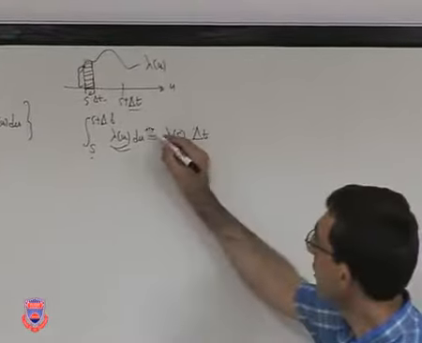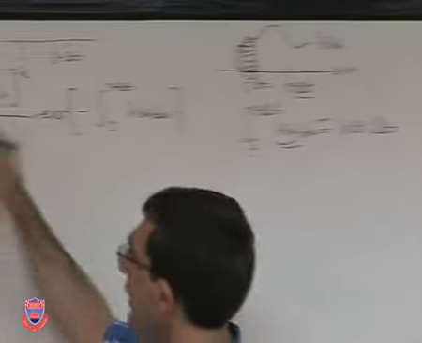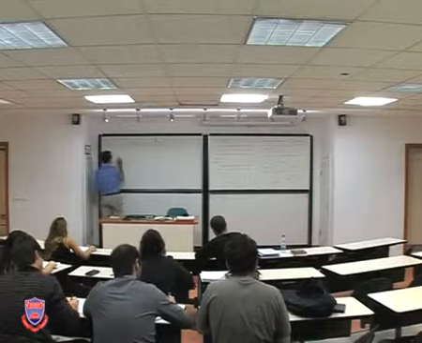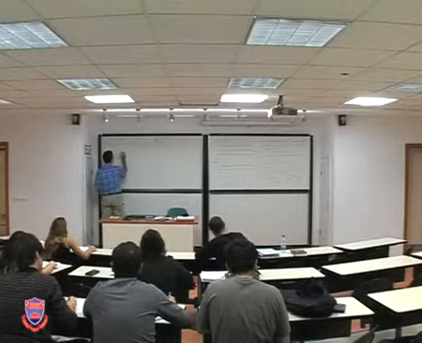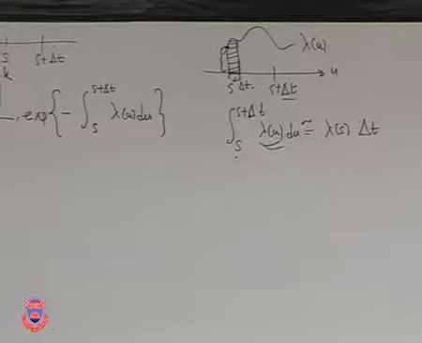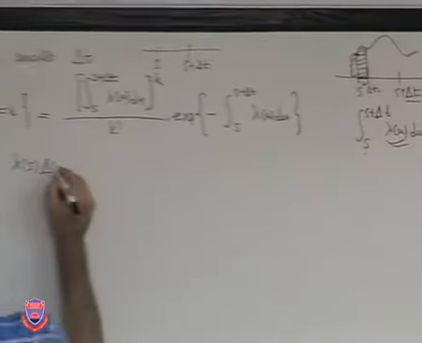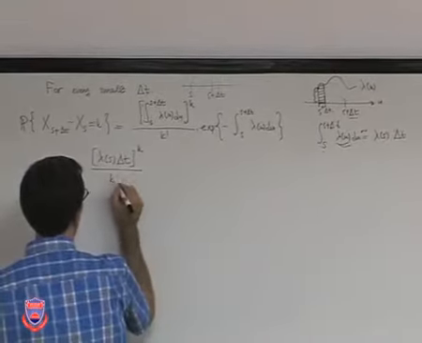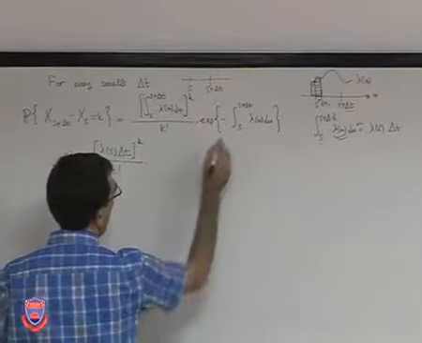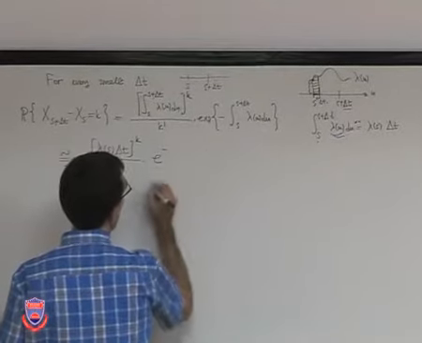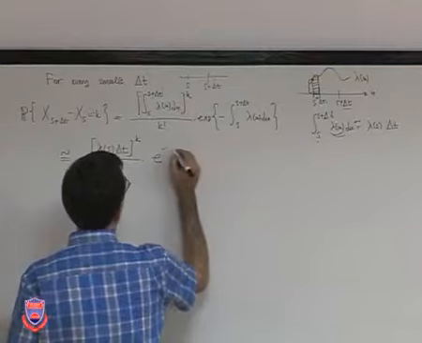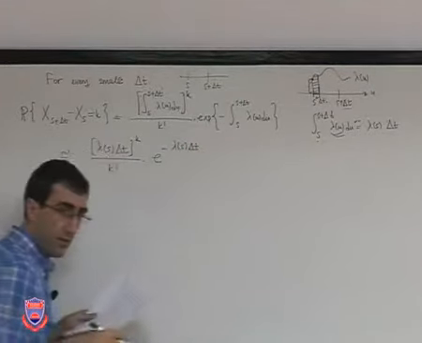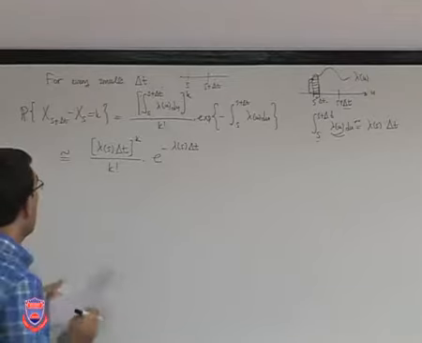So this is approximately true, and then we can simplify all these calculations. Approximately, this equals lambda s times delta t, to the power k divided by k factorial, and here we have e to the minus lambda s times delta t.